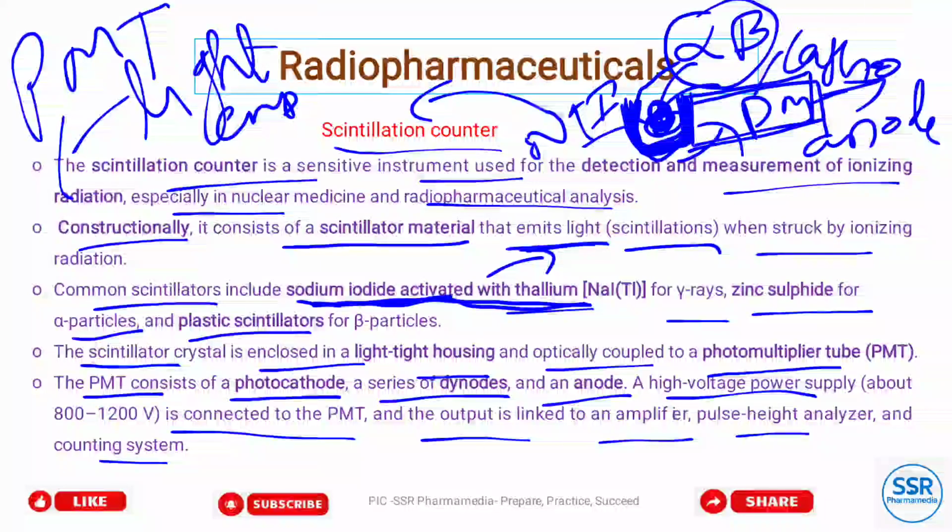The cathode receives this light and converts it into electrons, producing a number of electrons. Those electrons move towards the anode, and these movements are recorded as the number of pulses per second. This is the working principle of the scintillation counter.